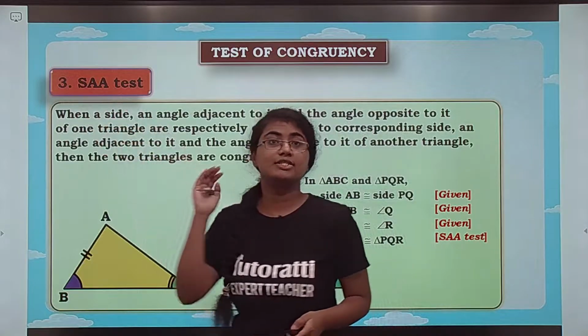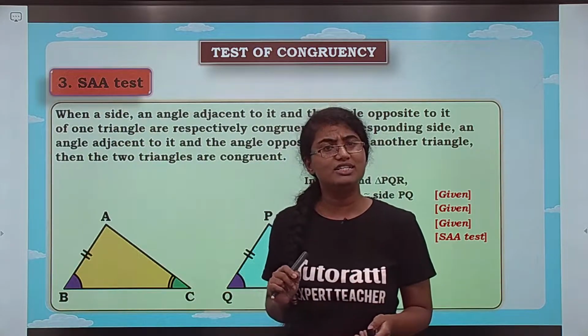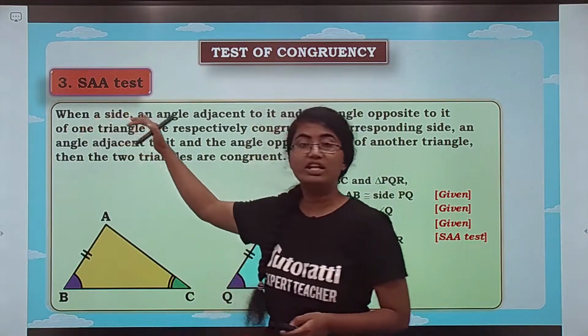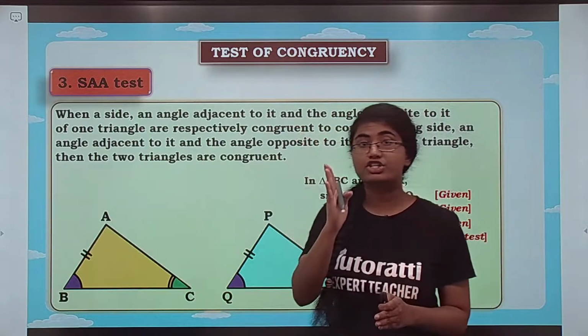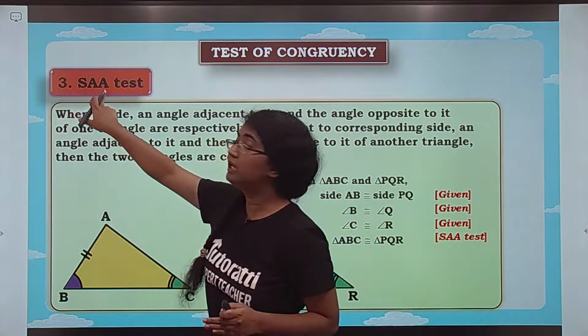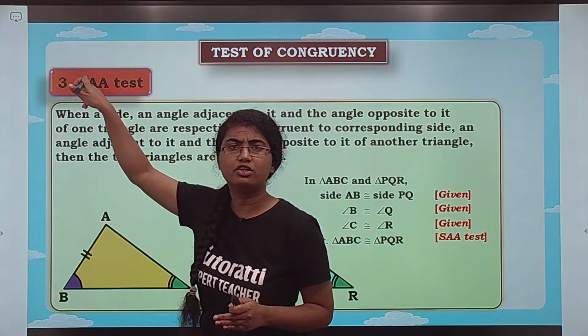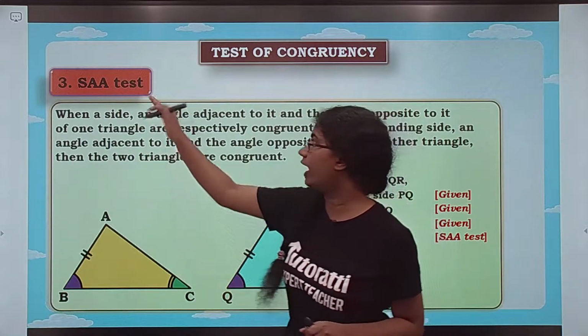Now the next test is the SAA test. Okay? SAA test. What does it say? Take a look. When a side and an angle adjacent to it. Now see here, there is a side and which two angles? Side, angle, angle. How do we choose the angles? If we choose randomly, will it work? No. How do you do that?